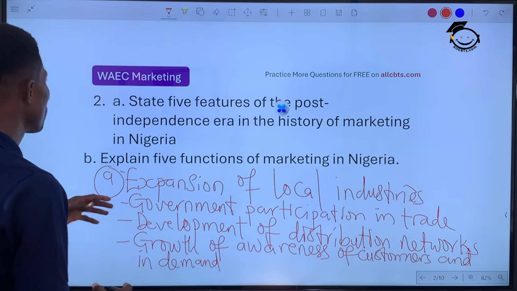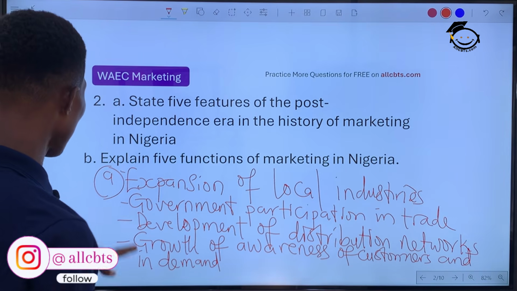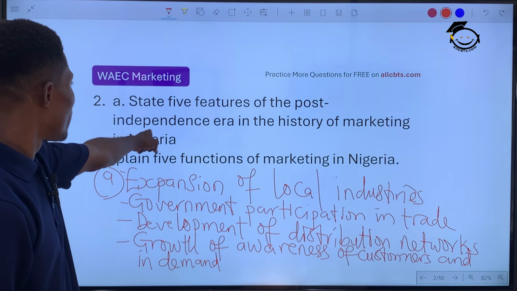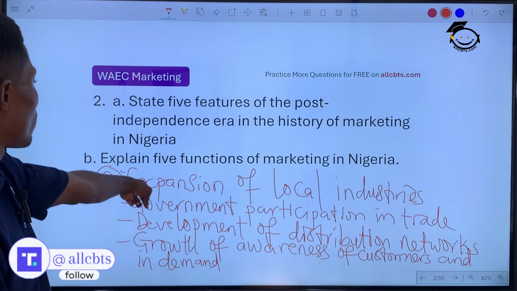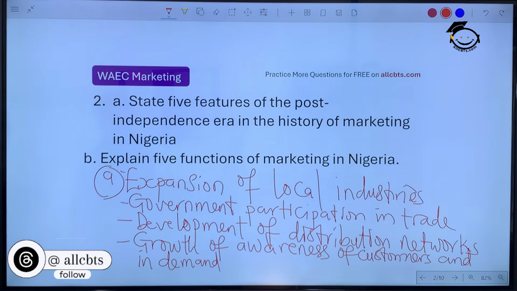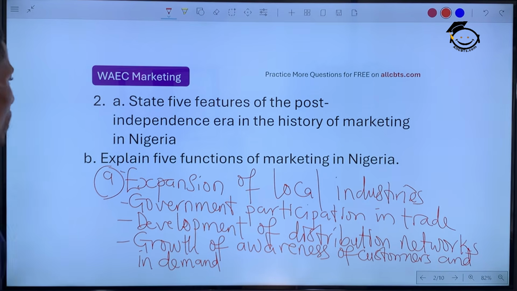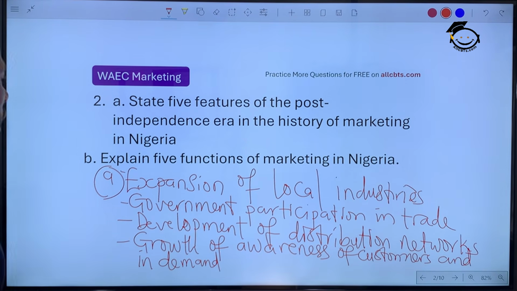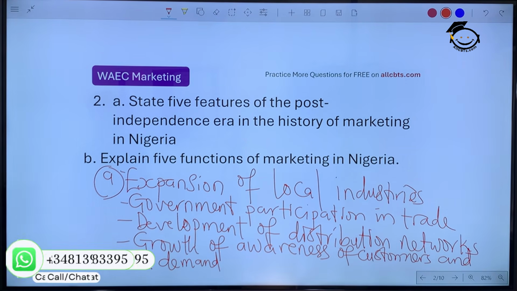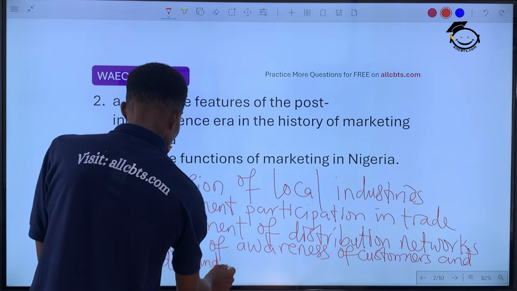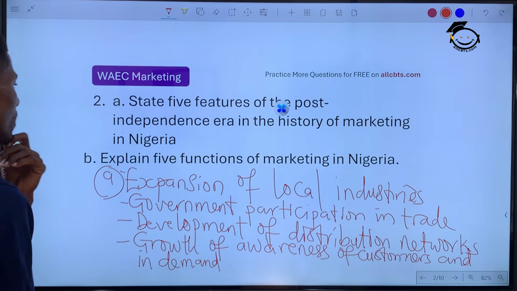And in demand. We have these four features. Alright, so look at it again. The first one is what? Expansion of local industries, government participation in trade, development of distribution networks, growth of awareness of customers, and growth in demand.